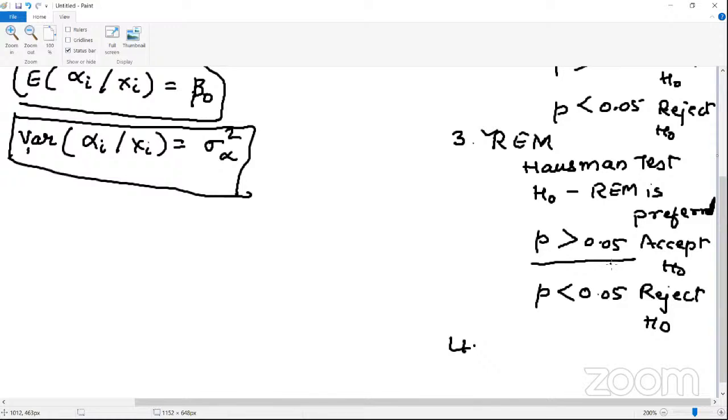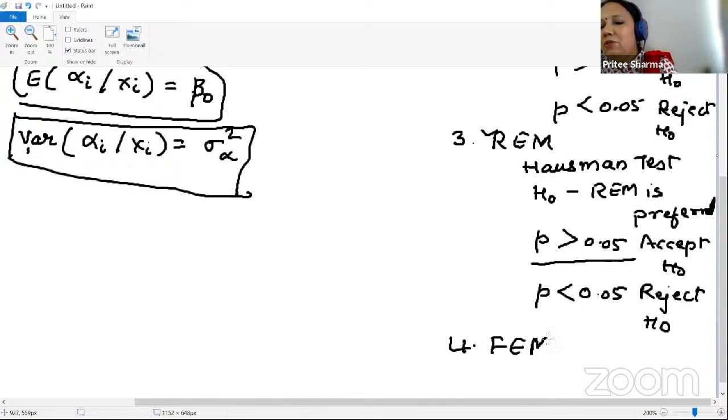What you are getting confused about is mainly because in most of your classes, we formulate the alternative hypothesis. That is why you are getting confused. Here we are formulating the null hypothesis. Is that clear now? Okay. So if this is the situation, then we go for the fixed effect model.